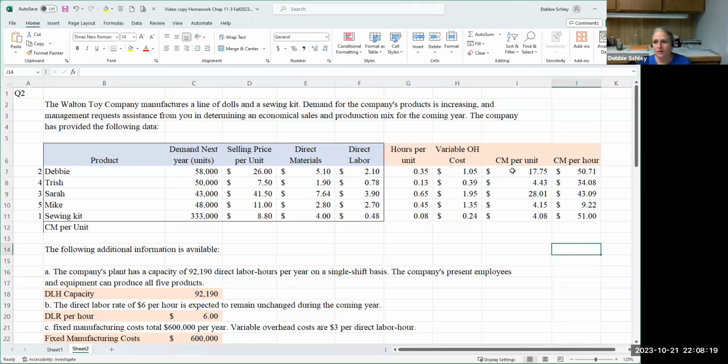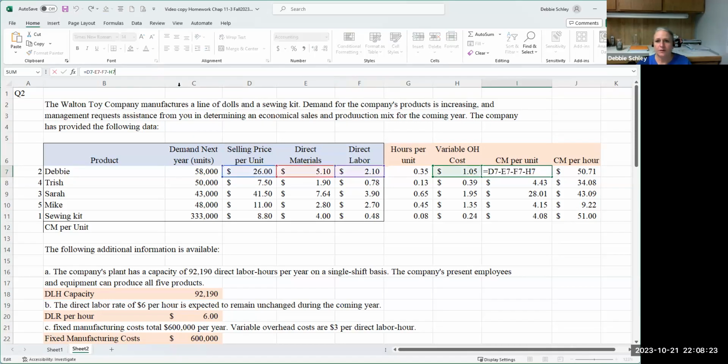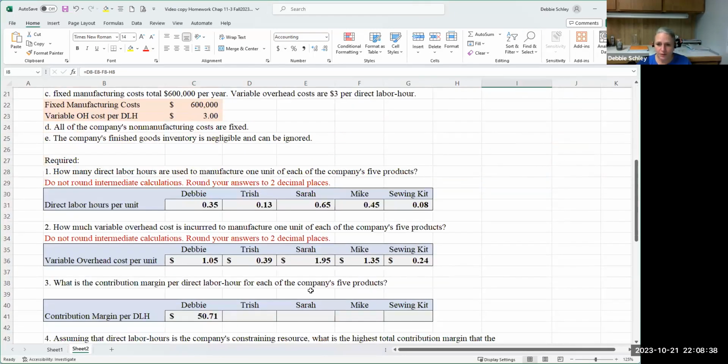And if you'll recall, we got this number by subtracting all of the variable costs from the selling price. The selling price per unit, direct materials, direct labor, and variable overhead costs. These numbers were given to us. This one we had to figure out.